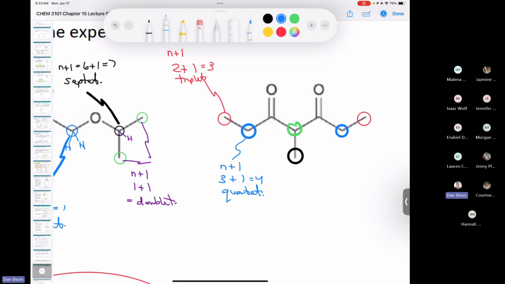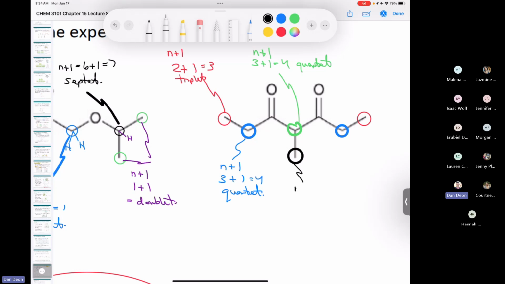What about the methine here? I'll use my green pen. For the methine, if I do n plus 1, how many neighbors does the methine have? Exactly, 3. So I get 3 plus 1, which equals 4. So the methine's going to give me a quartet. And then what about the black protons?